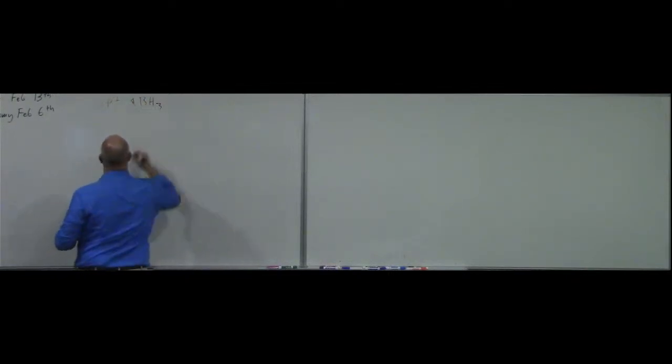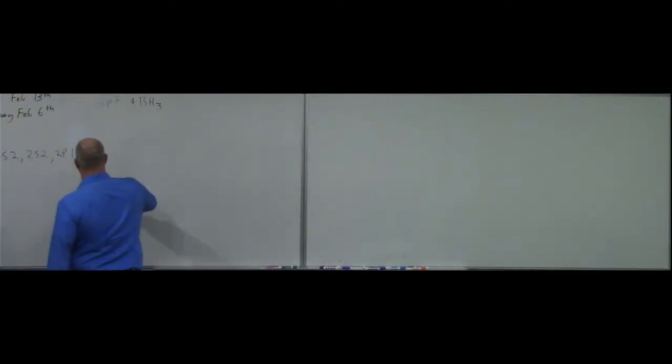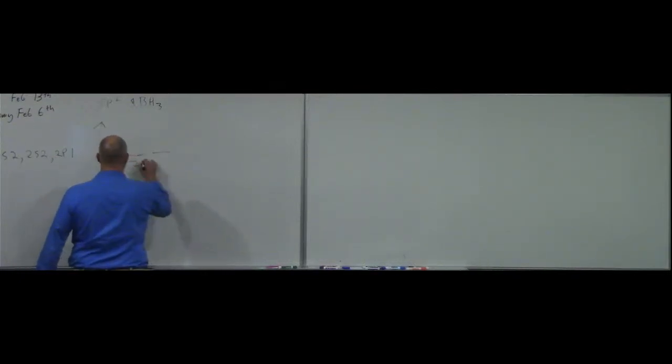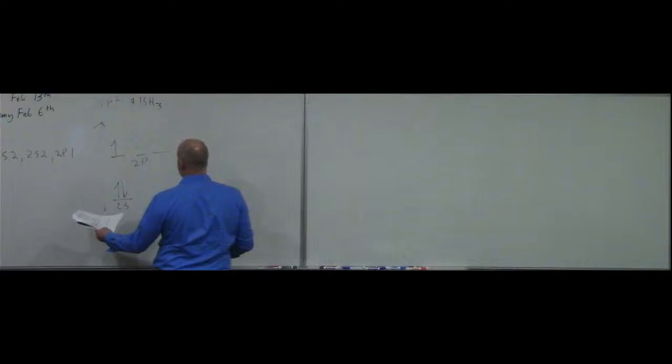Okay, so boron is atomic number 5, right? So I've got 1s2, and I've got 2s2, and then I've got 2p1, right? So when I do my diagram here, here's my 2s, I got one up, I got one down, and I come here to my 2p, and I've got one up, right? Okay, so now we need to hybridize.